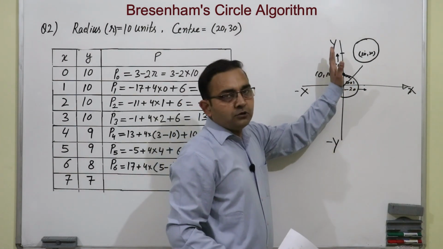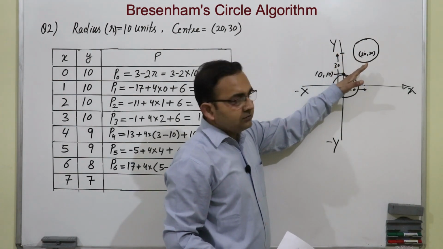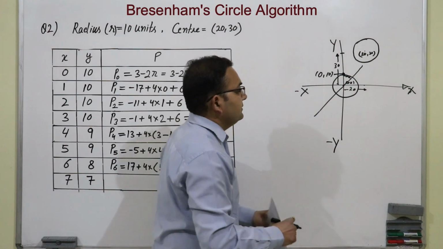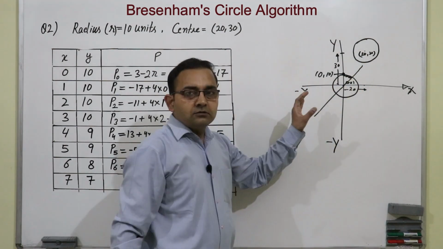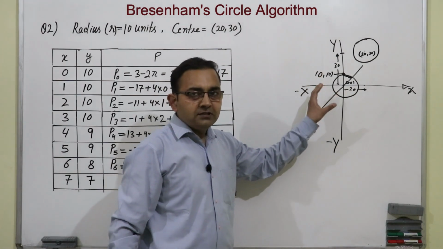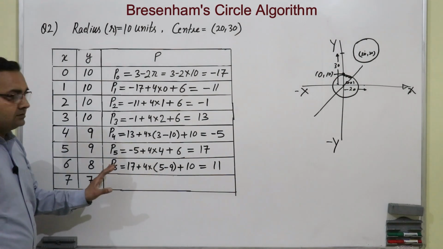We will move from the positive y axis towards this axis which is at 45 degrees. We will find these coordinates of the circle. We have done this in the previous question and we can solve it like this.